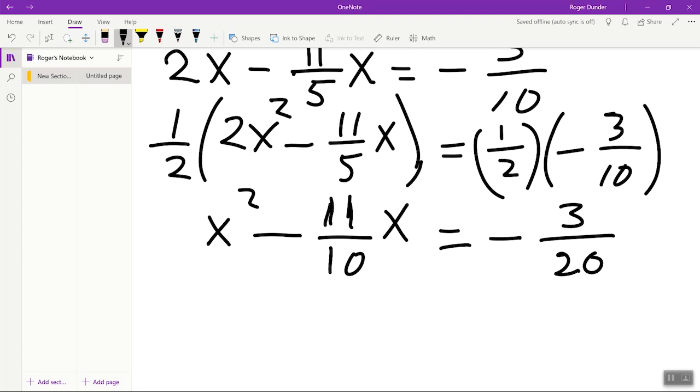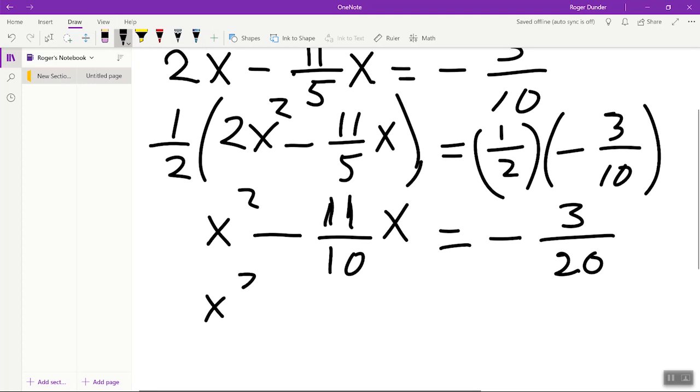On the left, we're going to add the square of half the coefficient of x. What's half of 11 over 10? Well, half of 11 over 10 is nothing other than 11 over 20.